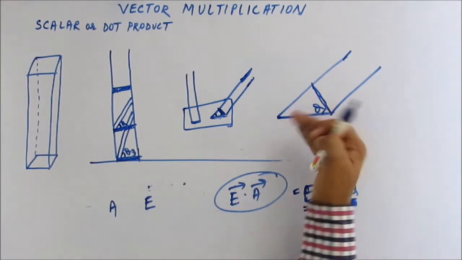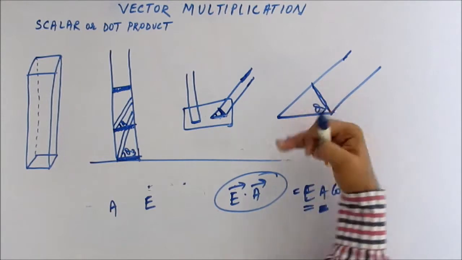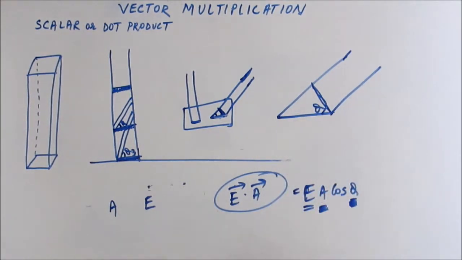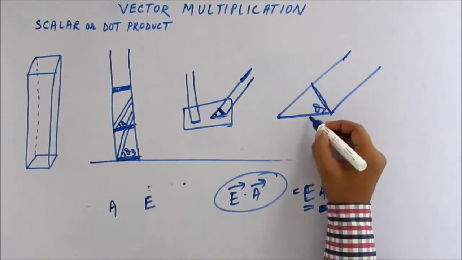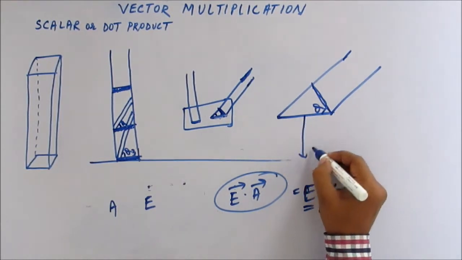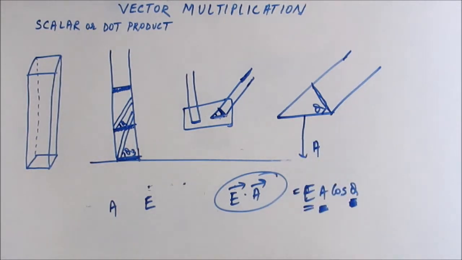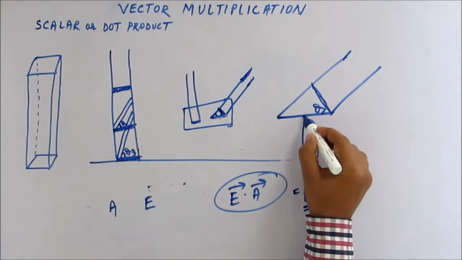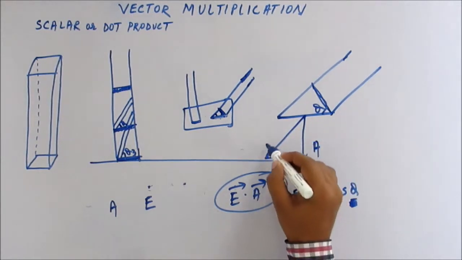Now, you should be very fast and efficient in calculating this. This is A cos theta. Now, vector. This is the area illuminated. The area vector is perpendicular to the surface, and the energy per unit area vector is like this.